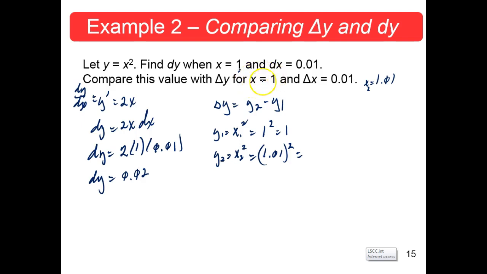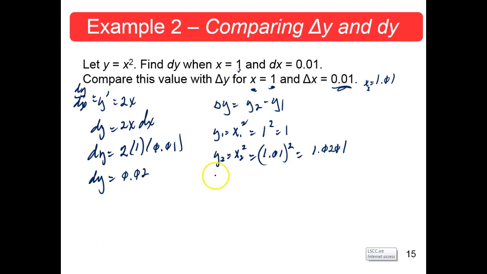Okay, because you added to your x, your delta x. That's the new value. 1 point what? Okay.